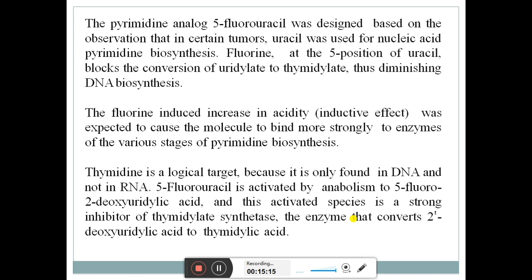The fluorine in 5-fluorouracil increases the acidity, that is the inductive effect, and was expected to cause the molecule to bind more strongly to the enzymes of the various stages of pyrimidine biosynthesis.